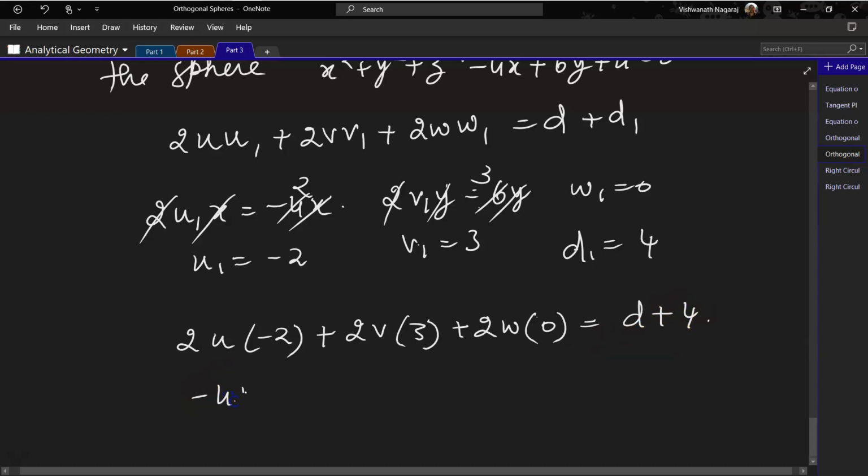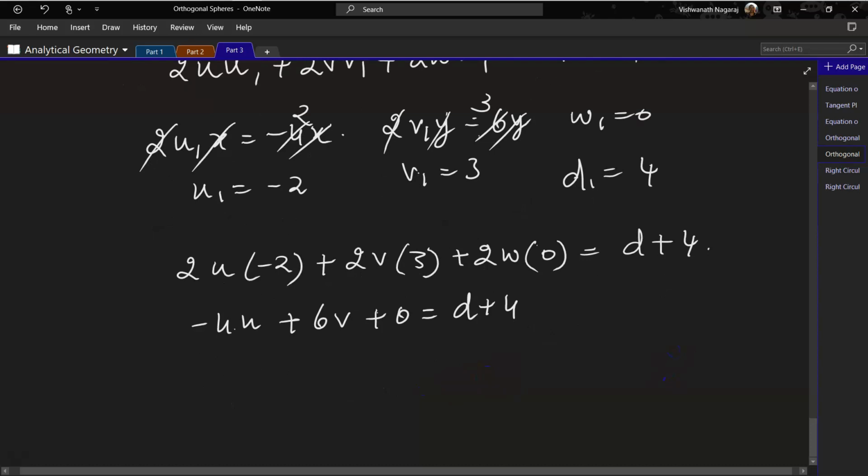So this becomes minus 4u plus 6v plus 0 is equal to d plus 4. This 0 we don't need.